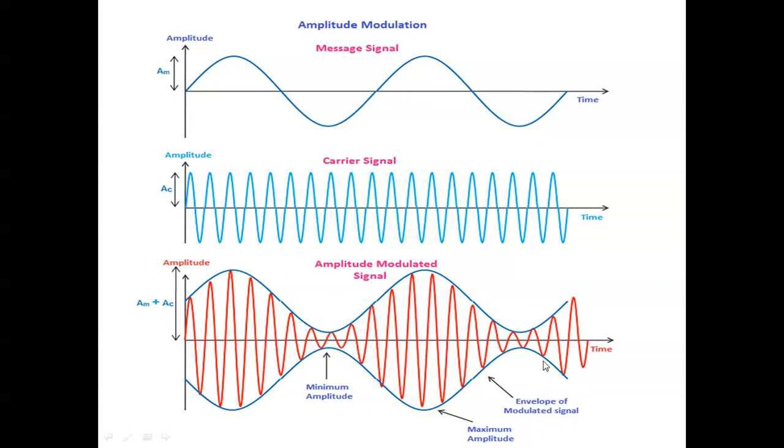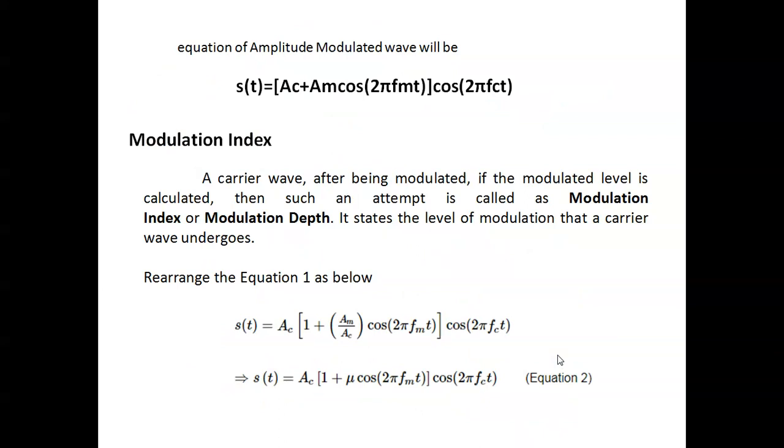The output waveform we denote as s(t), shown in the equation AC plus AM cos 2 pi fm t, multiplied by cos 2 pi fc t. Instead of drawing the waveform, we just write the equation to simplify understanding. So this is the equation for amplitude modulation. This is very important, and this equation comes through all the units.